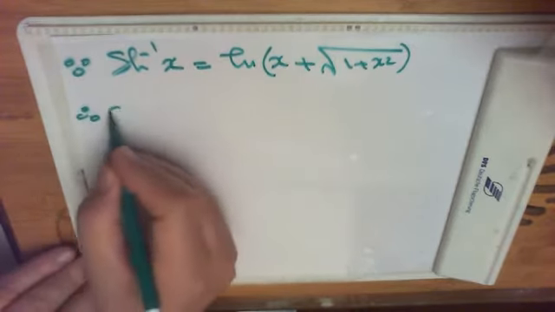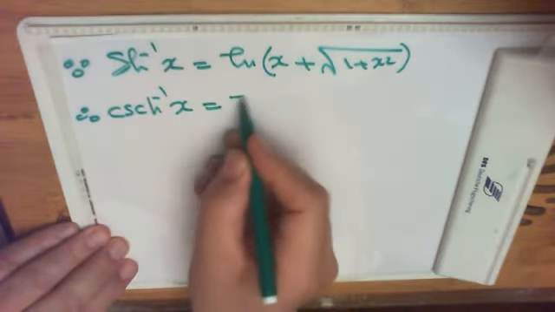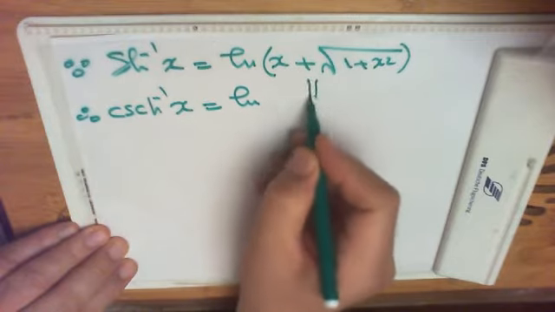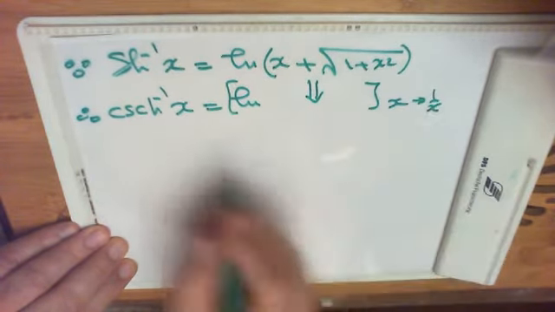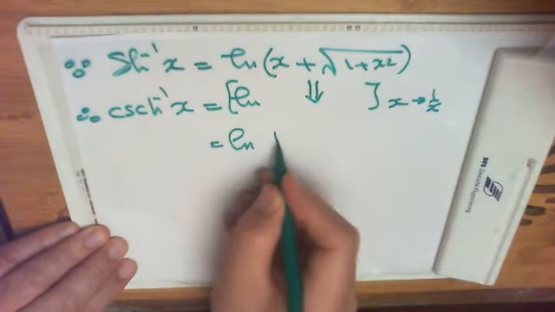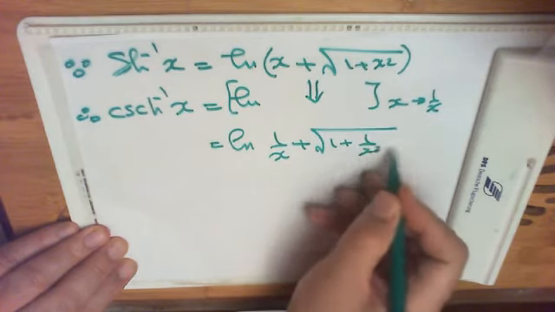therefore cosech minus 1 x equals ln of the same, but replacing x by 1 over x, to obtain ln of 1 over x plus square root of 1 plus 1 over x squared.